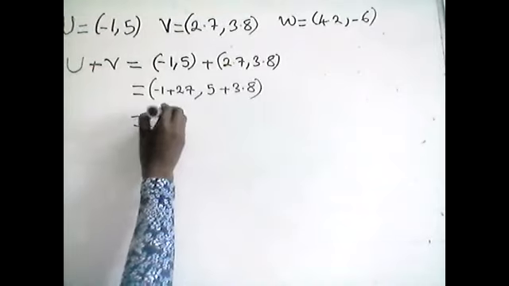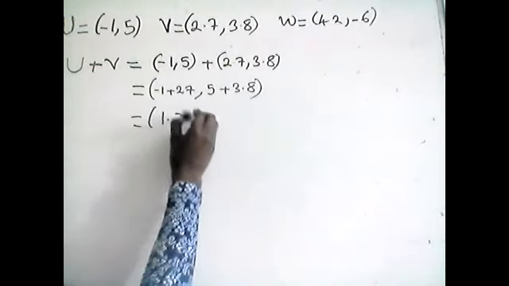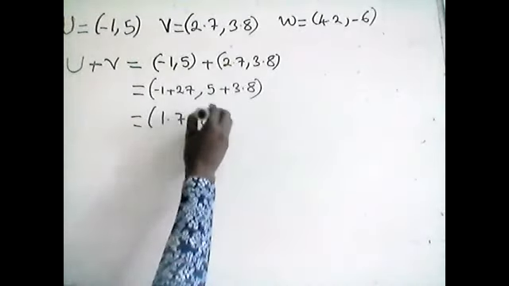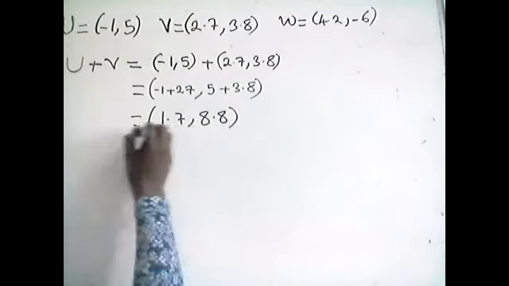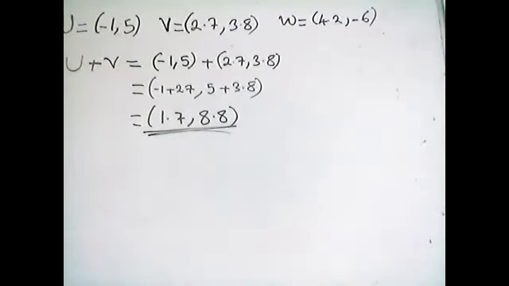And 5 plus 3.8 is 8.8. So we have found the coordinates of vector u plus v. Let's take any question before we move to the next one. Okay, since there is no question, let's move on.